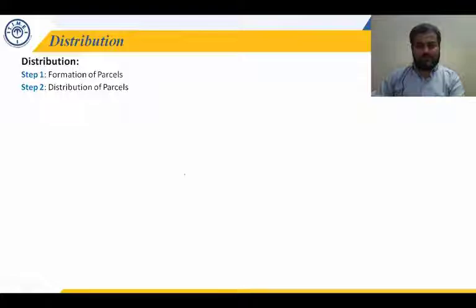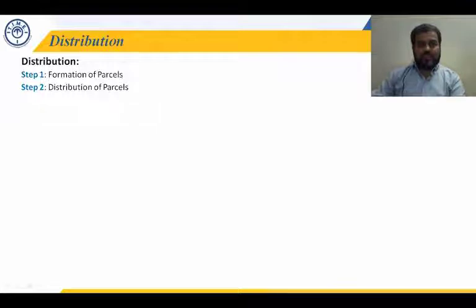Distribution is formation of parcels followed by distribution of parcels, but of course we'll be using the concepts of permutation and combination here as well. It is not exactly permutation or exactly combination. It is formation of parcels followed by distribution of parcels.